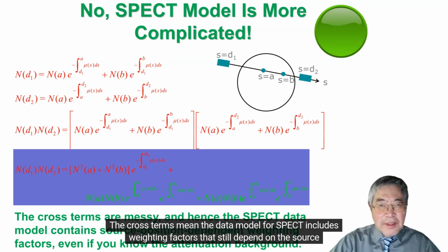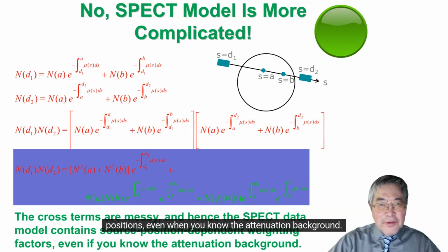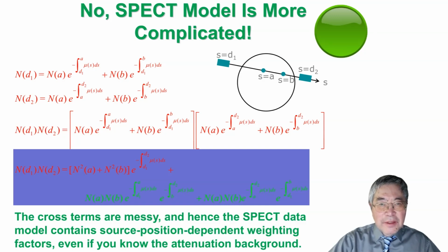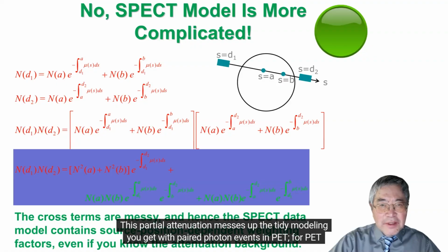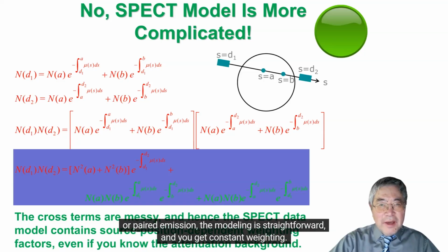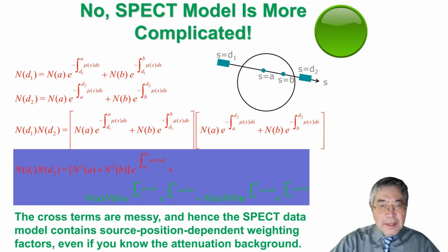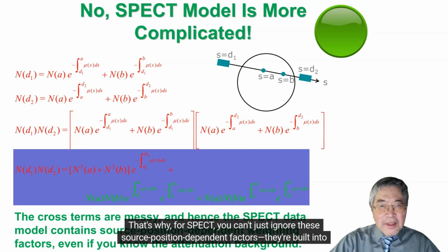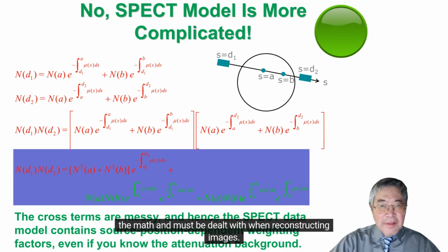The cross terms mean the data model for SPECT includes weighting factors that still depend on the source positions, even when you know the attenuation background. This partial attenuation messes up the tidy modeling you get with paired photon events in PET. For PET or paired emission, the modeling is straightforward and you get constant weighting. That's why, for SPECT, you can't just ignore these source position dependent factors. They're built into the math and must be dealt with when reconstructing images.